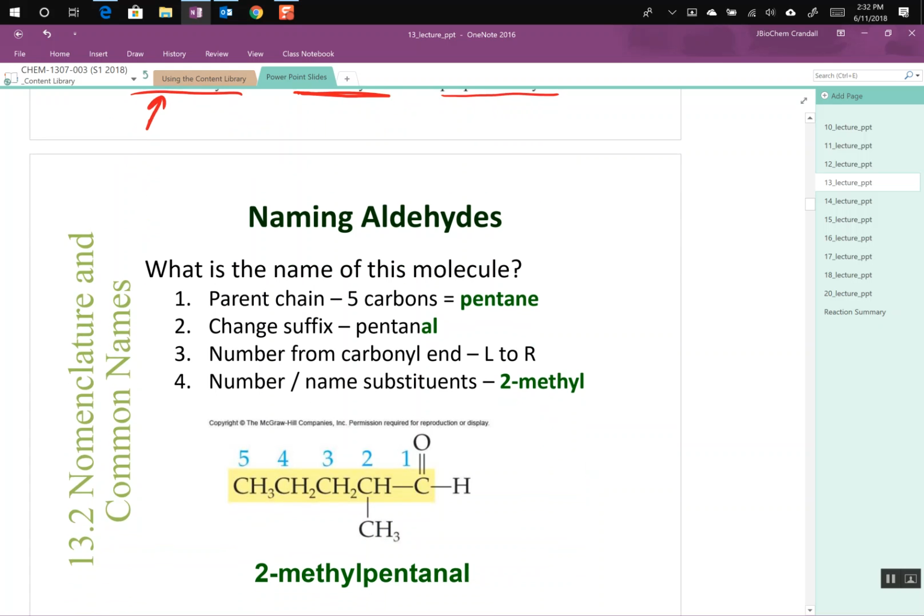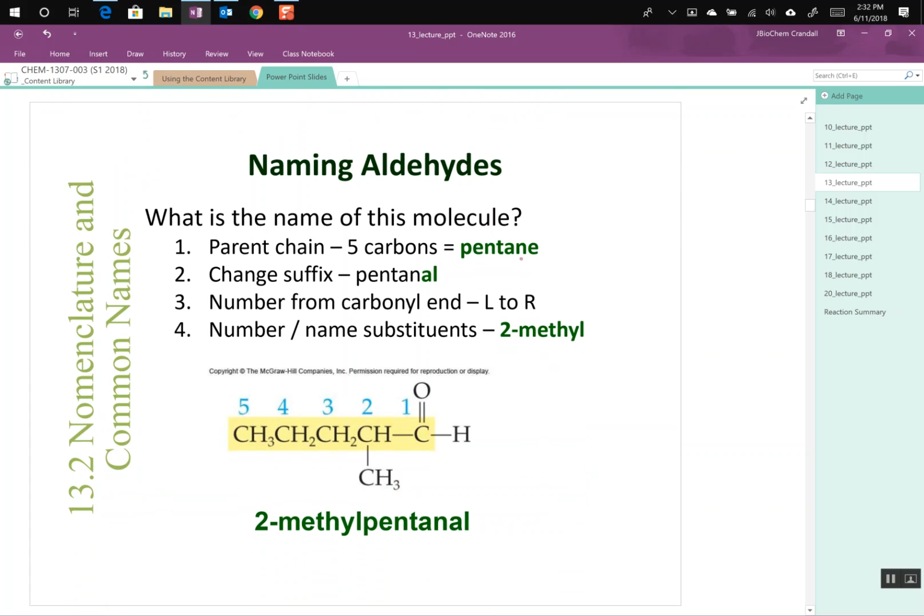All right. So naming them, you're going to find the parent chain, count the carbons in it, drop the ending, and put an al. Number it from the carbonyl in. Number the substituents.